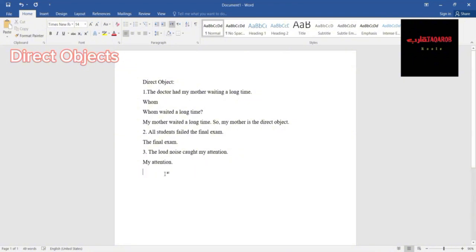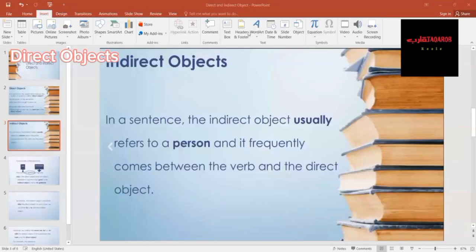Okay. So let's move to the indirect object. I'm sure now that you all understand what the direct object is. The indirect object usually refers to a person and it frequently comes between the verb and the direct object.